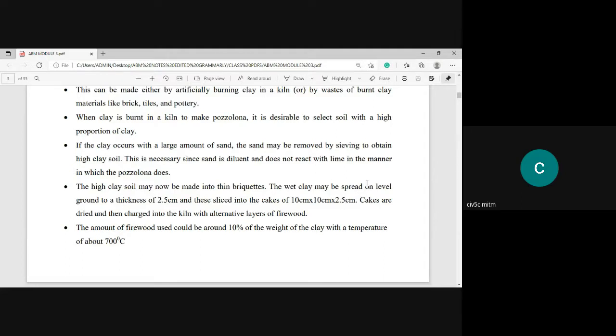Whatever wet clay soil you have spread will be of a thickness as I stated, 2.5 centimeter. So then slice that wet clay cake to a size of 10 centimeter by 10 centimeter by 2.5 centimeter.